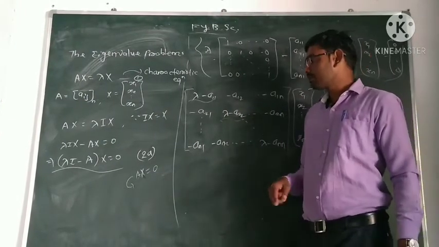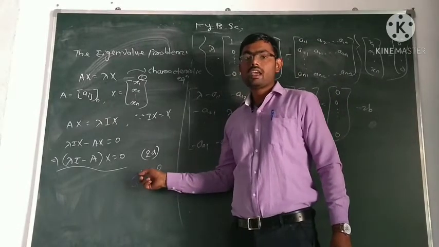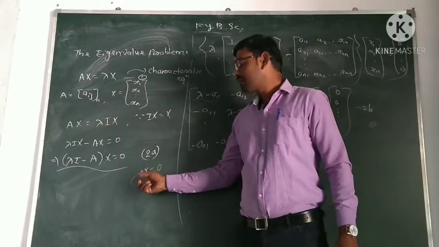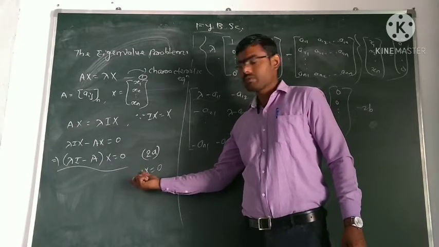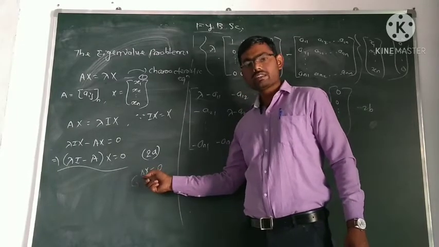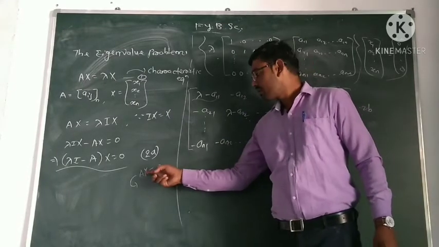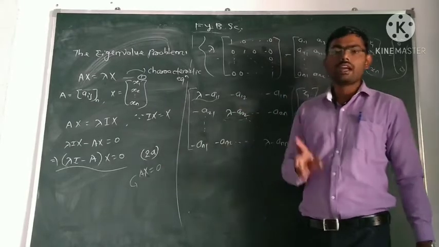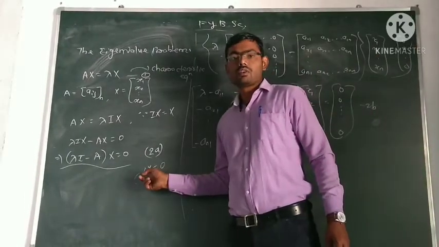Why? Because if the determinant is not equal to 0, then A inverse exists. Multiply both sides by A inverse. A into A inverse becomes the identity matrix, so x into the identity matrix is x, and on the other side, 0 into any matrix is 0. So we get x is equal to 0. So to get a non-zero solution, the determinant of the coefficient matrix must be equal to 0.